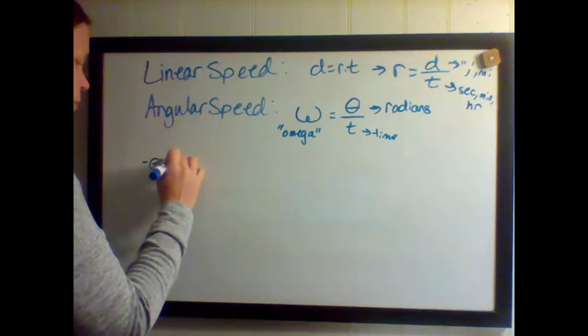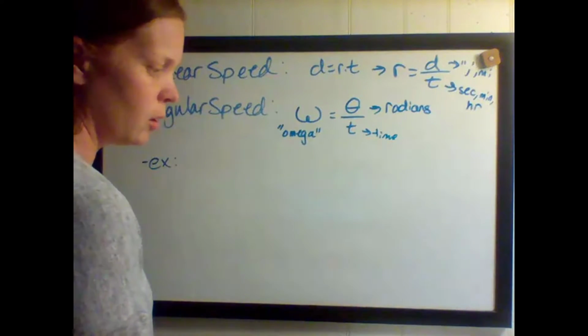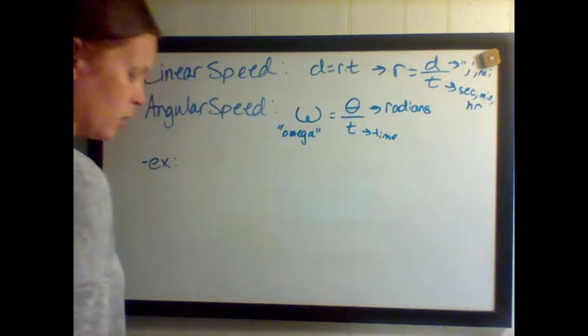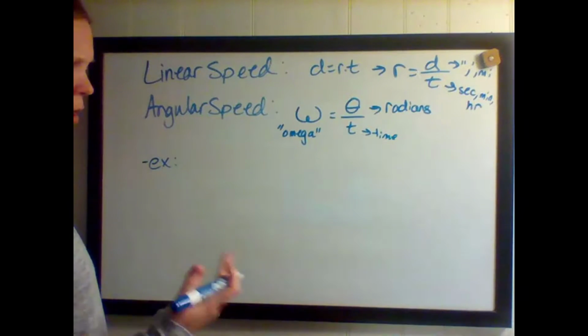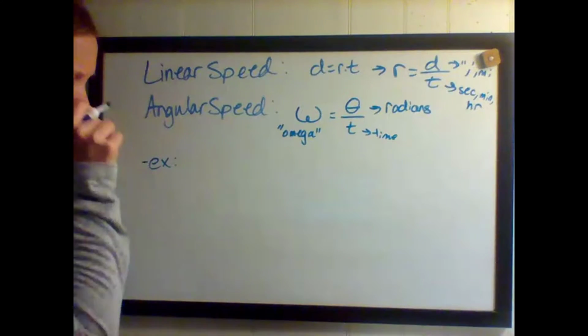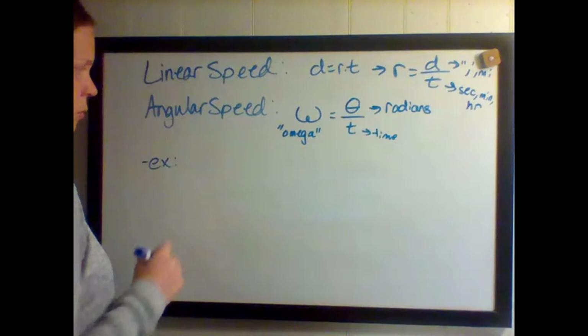So let's compare with an example of each of these. Let's say I'm going to use a car and tires. It's probably one of the easier to understand problems with these.